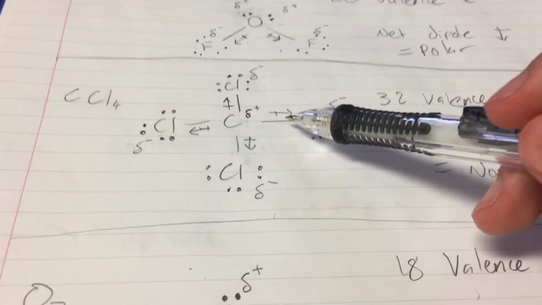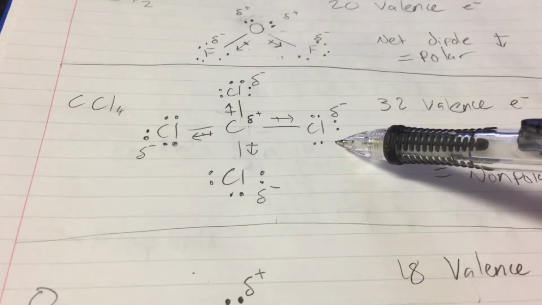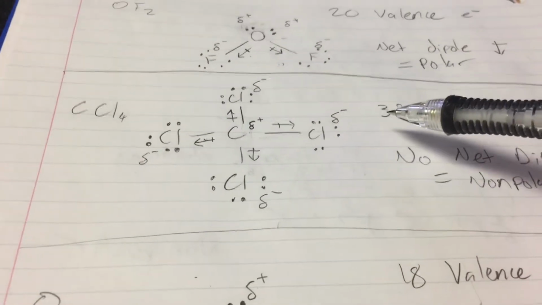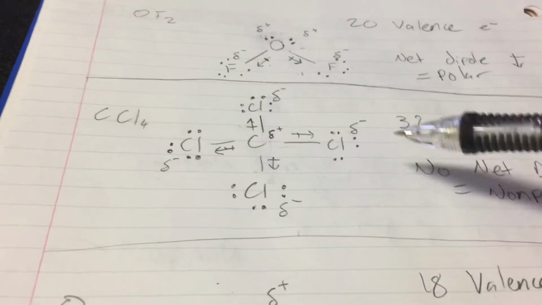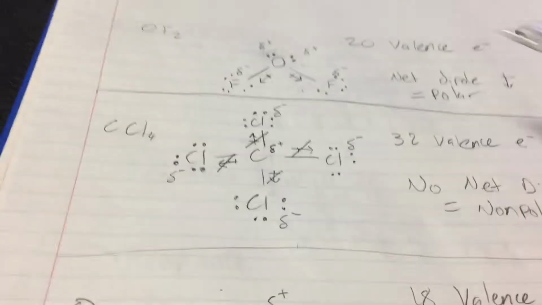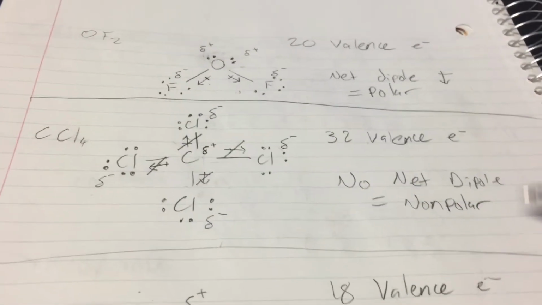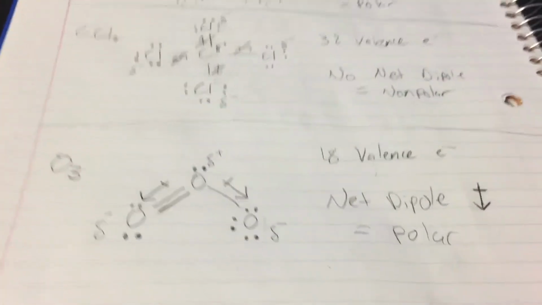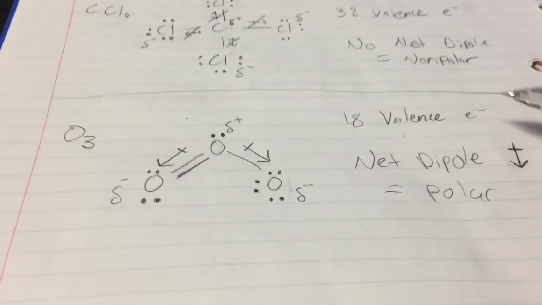The net dipoles are going to be facing towards the chlorine because it's electronegative, and in this case all of the bond dipoles cancel, and there is no net dipole, and so it's nonpolar.